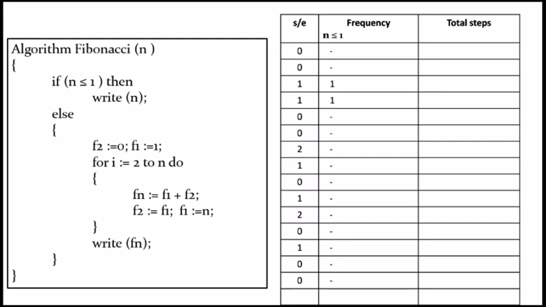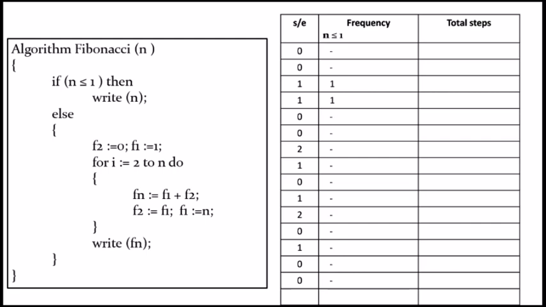So write n will also take one step, that is, it is executing only one time, so the frequency will be 1. So these are the two statements that will be executed one time. Then because the if block is true and we have executed the write statement, the else part will get skipped. So the program, or you can say the algorithm, will end here itself if n is less than or equal to 1.